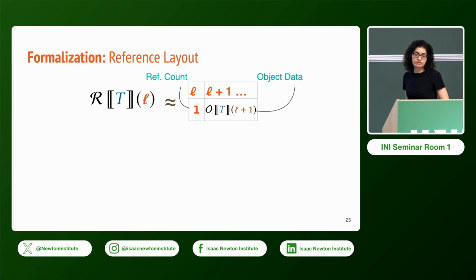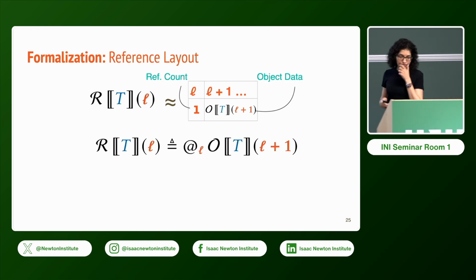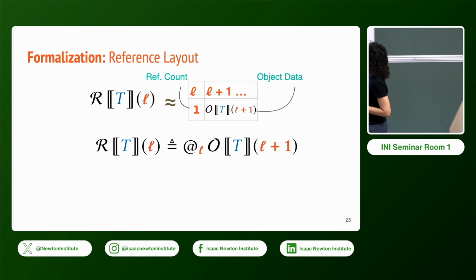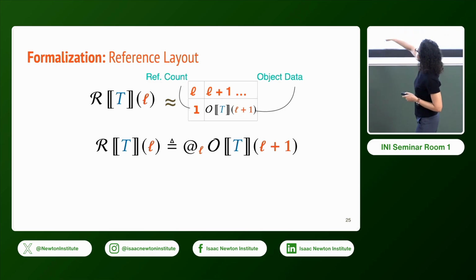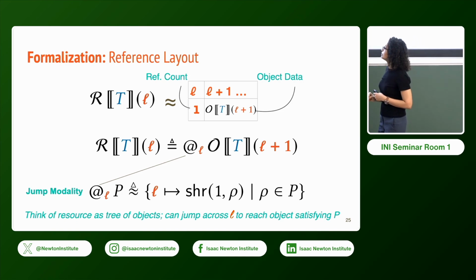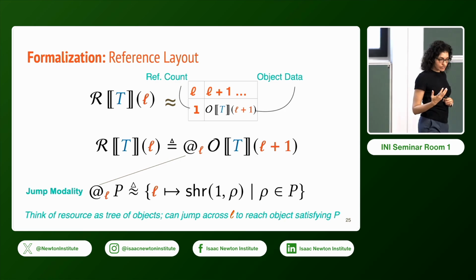Okay, so let's talk about some, oh, actually I just want to define this. In the end, what a reference is: we've defined this thing called a jump modality, which basically says you should think of a resource as a tree of objects.